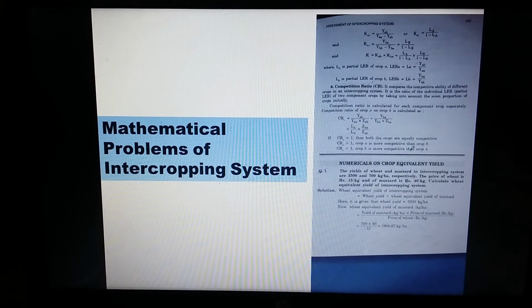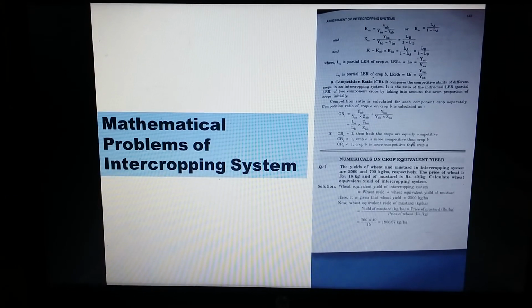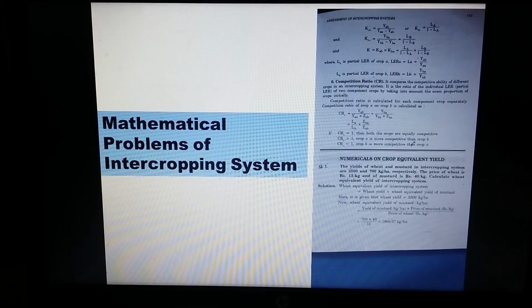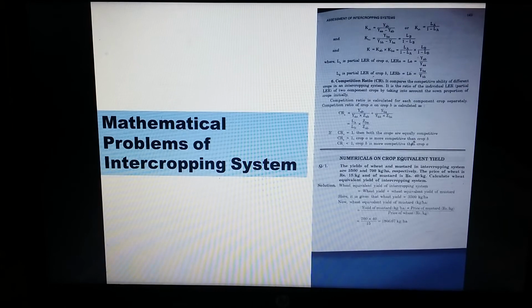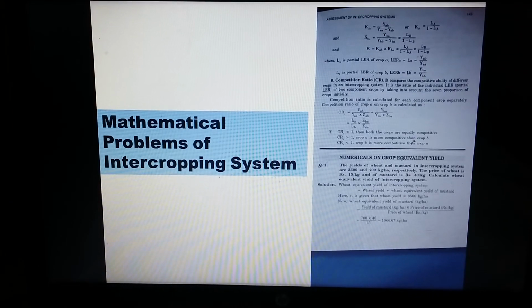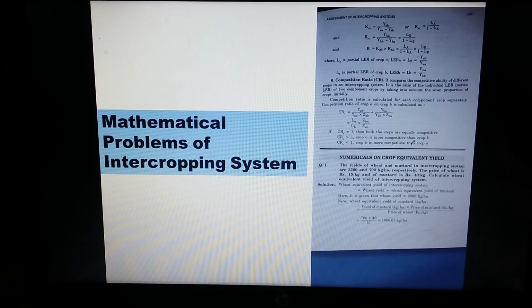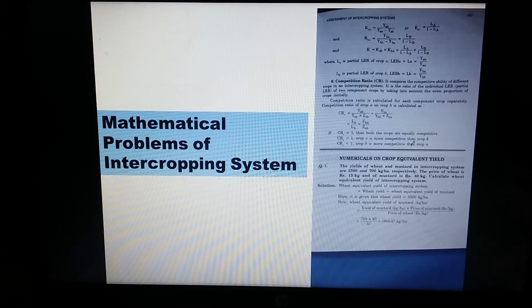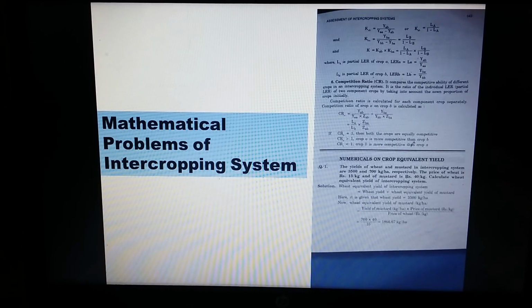That means YAB, that is intercrop yield of crop A, divided by sole crop yield of crop A, into sown proportion of crop A, divided by intercrop yield of crop B by sole crop yield of crop B, into sown proportion of crop B. So when you come to the conclusion, if the competition ratio, that is CR, is equal to 1, then both crops are equally competitive.